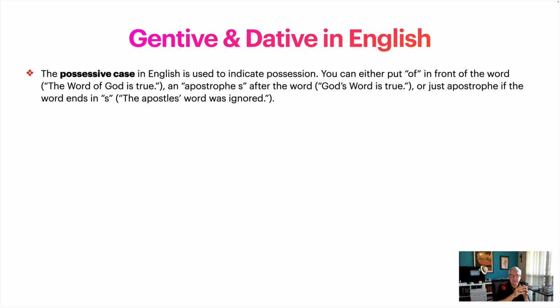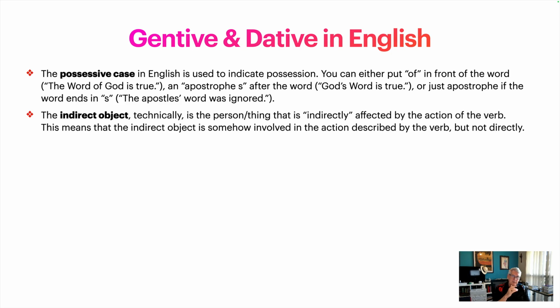The possessive case is used to indicate possession, and in English you can either put of in front of the word, the word of God is true, or we can use an apostrophe S. Okay, God's word is true. The indirect object is the person or the thing which is affected indirectly by the action of the verb.